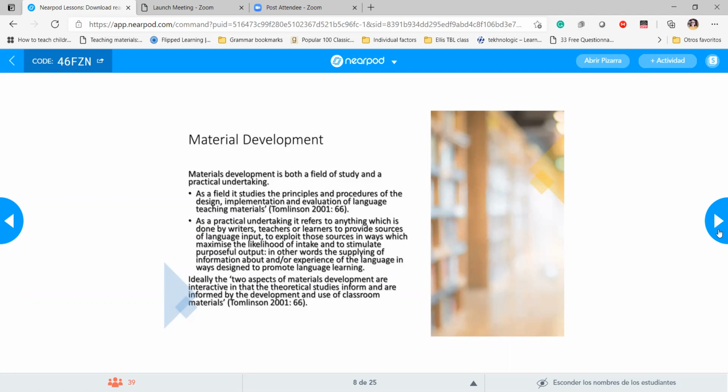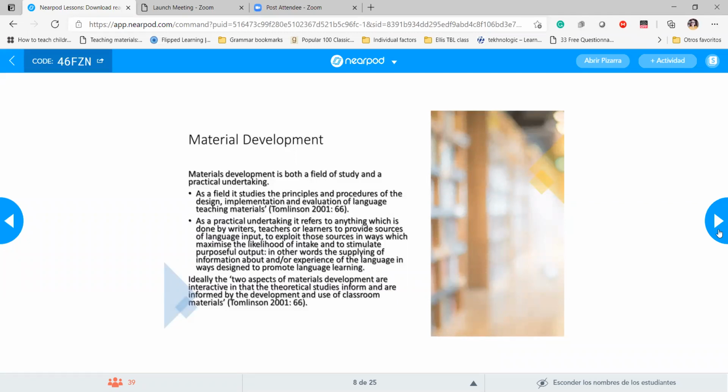And so that's why it focuses both on input and output. So that means that you have a lot of work to do as a teacher. You have to create materials that are going to provide students with information, and also materials that are going to help evaluate what students have learned or to see their performance in the language, okay?